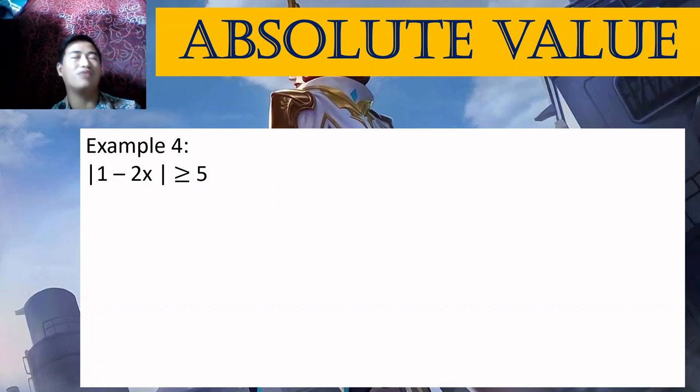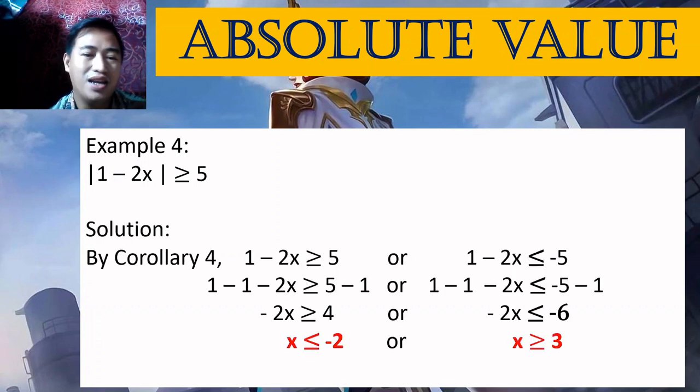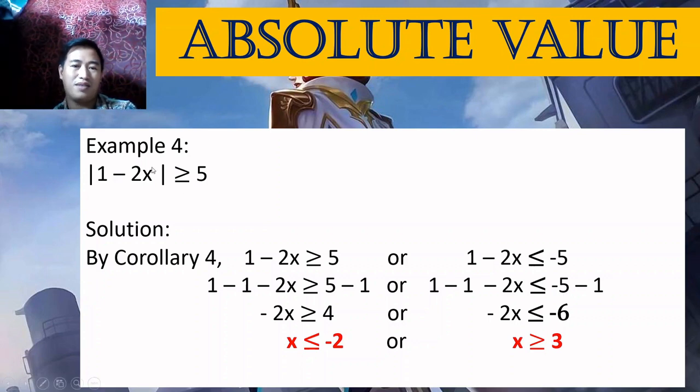By Corollary 4, we copy the expression first, and the absolute value disappears, giving two cases. So 1 minus 2x greater than or equal to 5, or 1 minus 2x less than or equal to negative 5. Let us solve. Minus 1 on both sides, so negative 2x greater than or equal to 4.